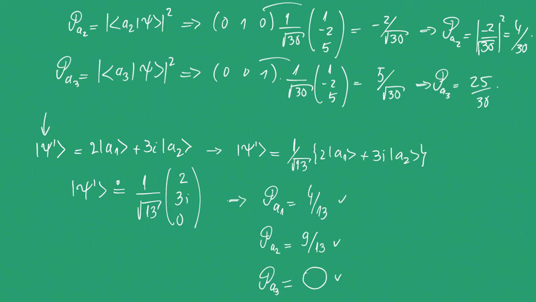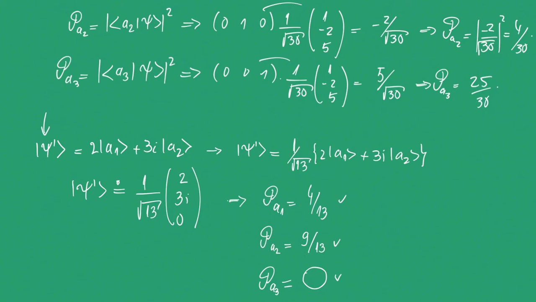It's worth mentioning that the higher the coefficient, the greater the probability of finding that ket that is followed by the coefficient. Then, if the coefficient tends to 0, the probability tends to 0 as well.